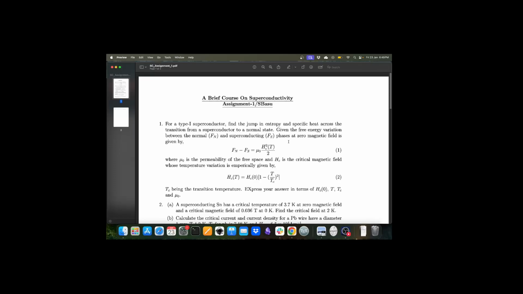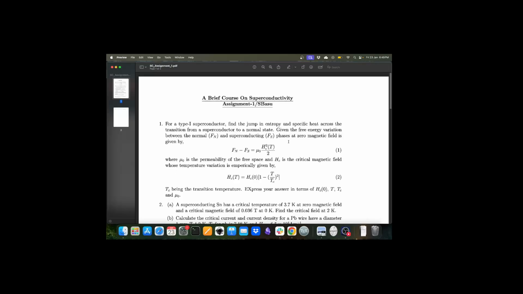From a very heuristic point of view, you can think that once you apply a magnetic field, the system acquires more and more energy. Basically, the magnetic energy part increases with the increase in the magnetic field. After a certain magnetic field, the electrons or Cooper pairs get lost.